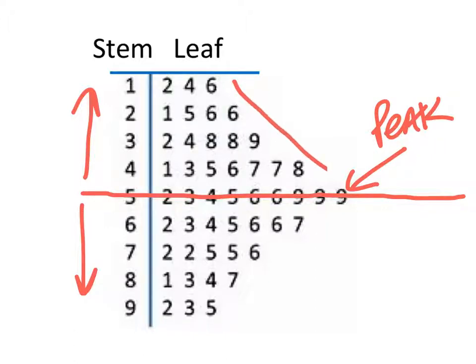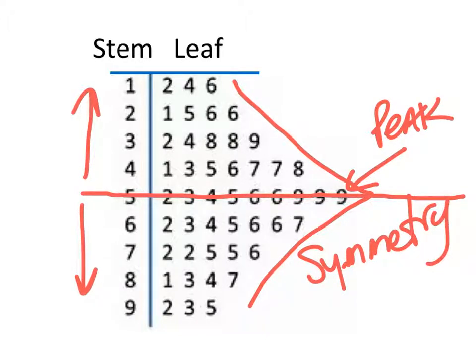This appears to be a symmetrical graph. We have symmetry. We have the same picture or very similar picture below the line as we do above the line, or to the left of the line as we do to the right of the line. Symmetry. We have symmetry and we have a peak.